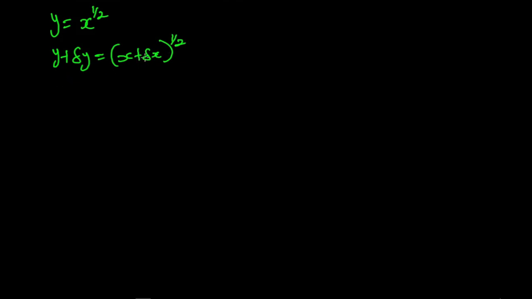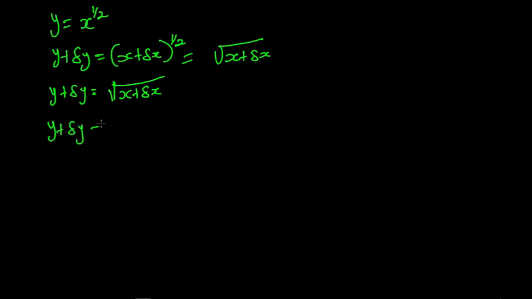This x plus delta x raised to the power of 1 over 2 is equivalent to the square root of x plus delta x. So that means y plus delta y is the same as the square root of x plus delta x. Now subtracting y from both sides, we have y plus delta y minus y equal to the square root of x plus delta x, and we recall that our y is the same as x raised to the power of 1 over 2, which is the same as the square root of x.